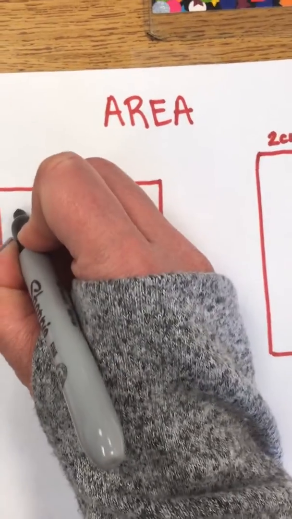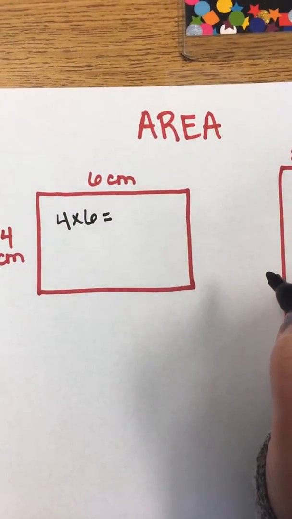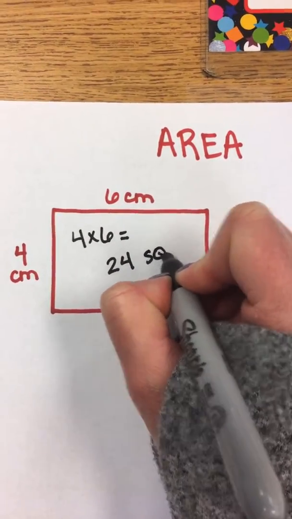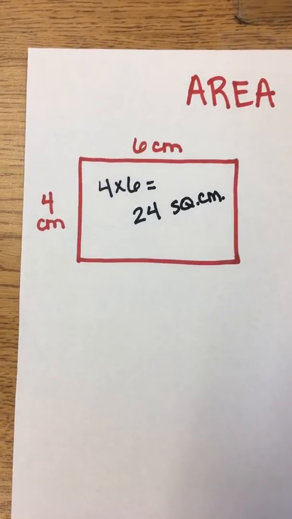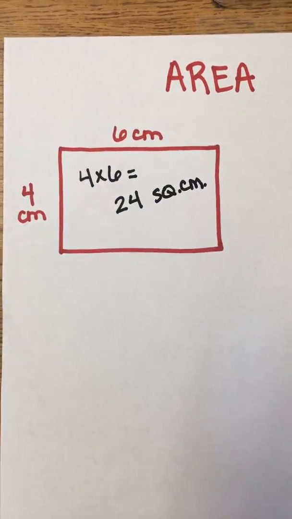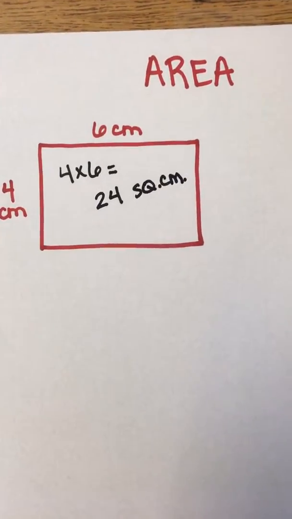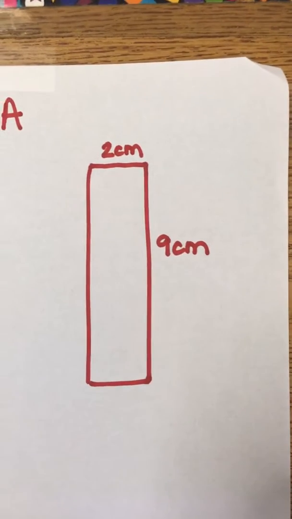So we're going to do our 4 times 6. 4 times 6 is 24 square centimeters. So even though we don't have the squares in there and we haven't drawn them, we still count the area as the square units that would be inside if we had drawn them.